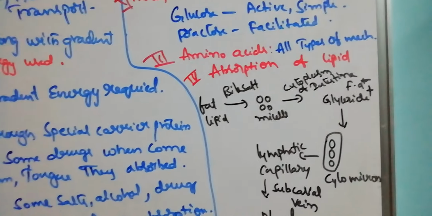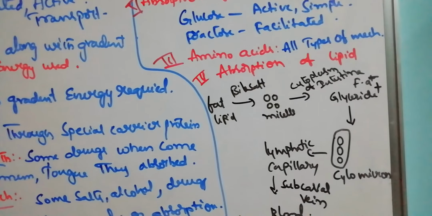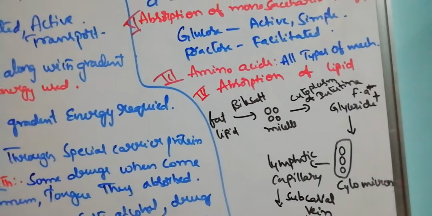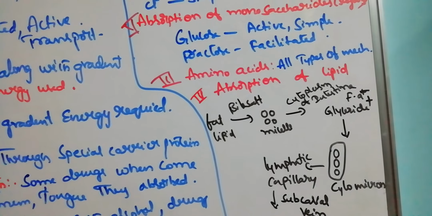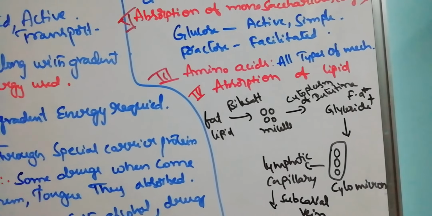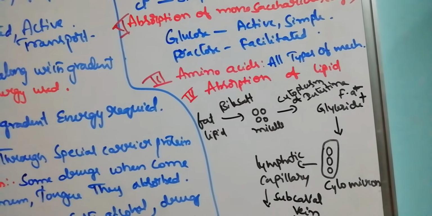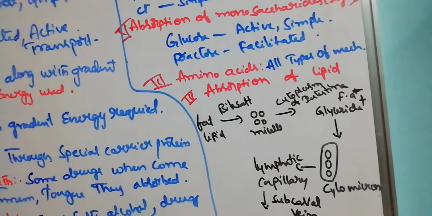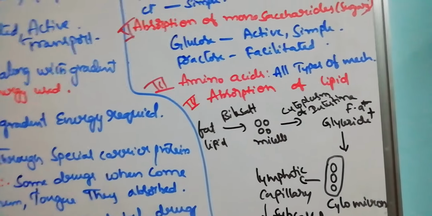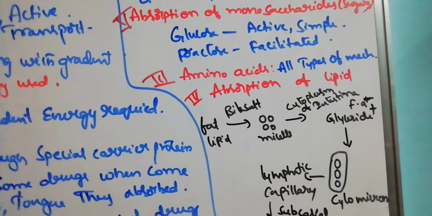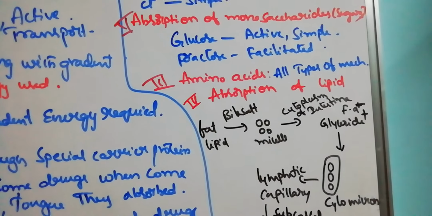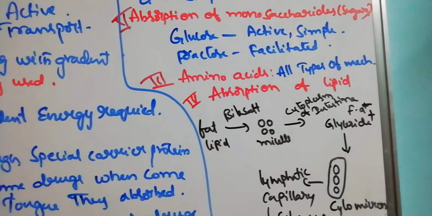Now come to the absorption of lipids, which is very important. Lipids are fats. First, with the help of bile salts, they are emulsified and form micelles. What is emulsification? Formation of a water-soluble component. Oil is insoluble in water; if it becomes soluble, we call it emulsification.